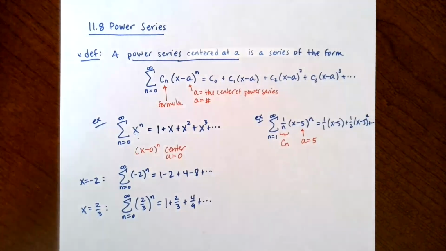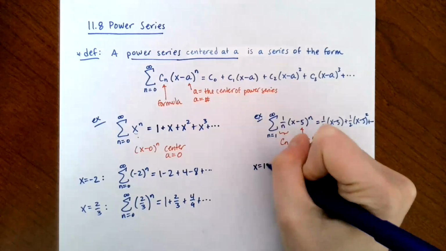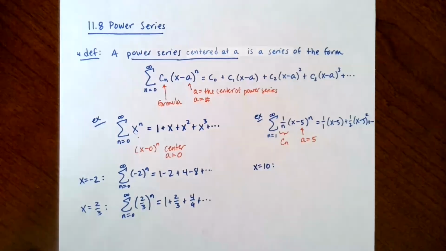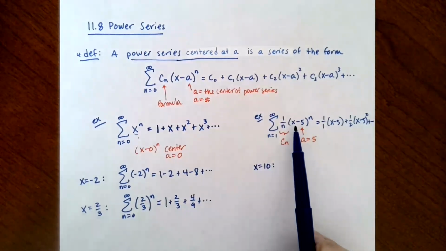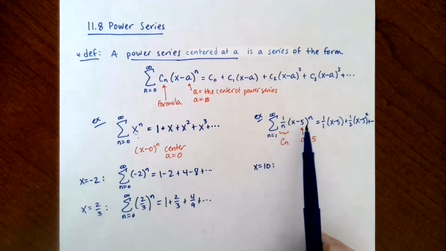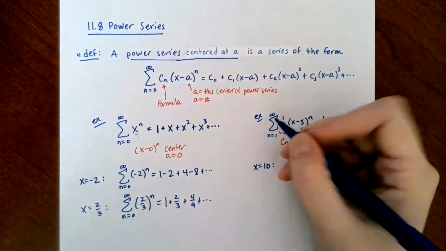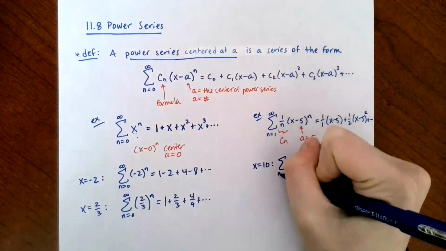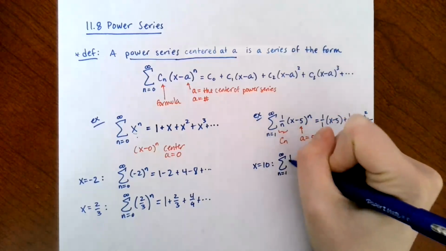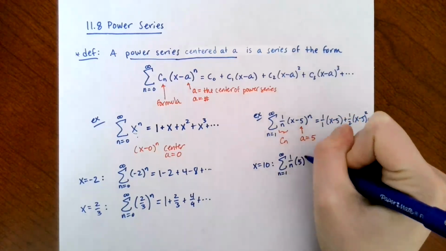So let's plug in x equals 10. The x right here in the formula is a 10. So I have 10 minus 5, which is 5, in this spot. So my series would be the sum from n equals 1 to infinity of 1 over n, 5 to the n.